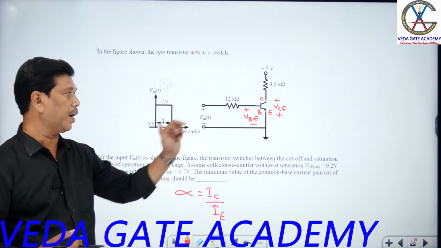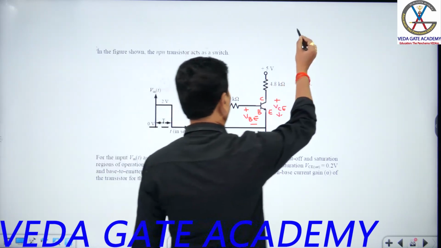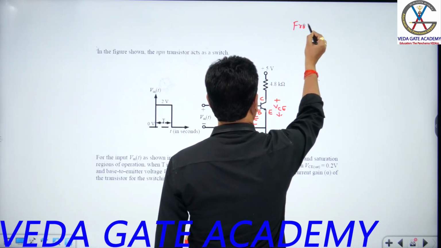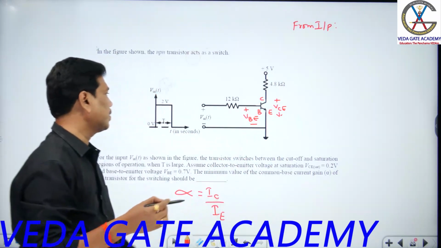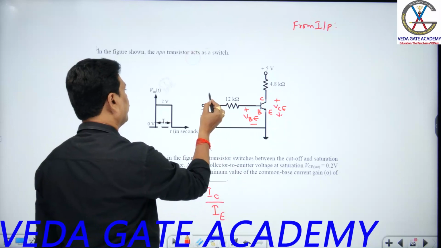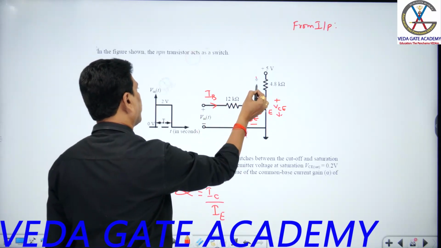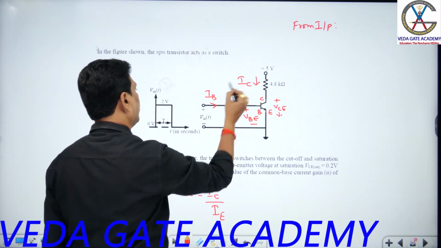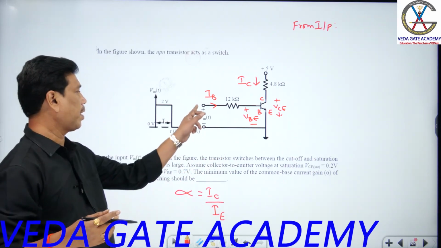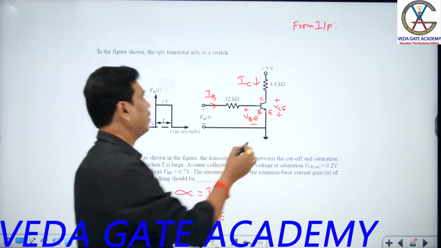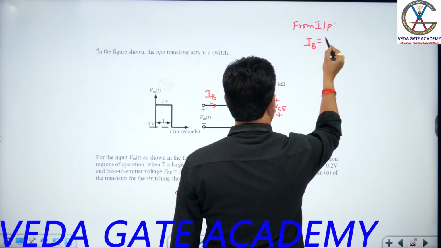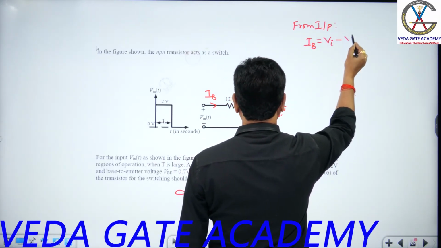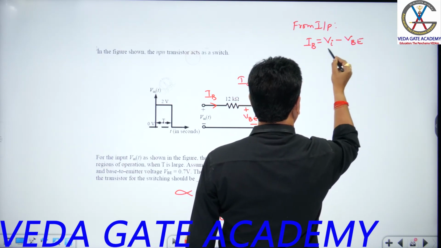First, I go for the input loop, students. Here the corresponding current is IB. IB equals input voltage Vin minus VBE by 12K. Vin equals 2 volt, the amplitude, VBE is 0.7 volt, divided by 12K.